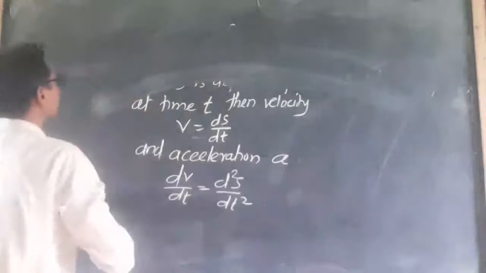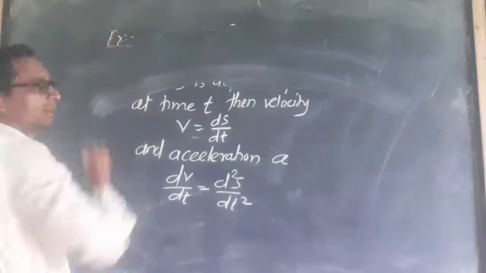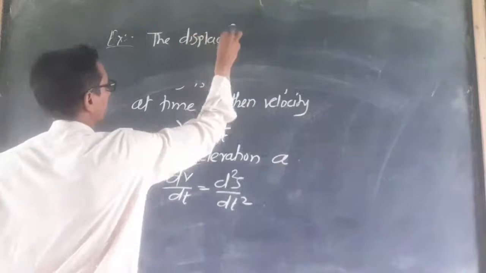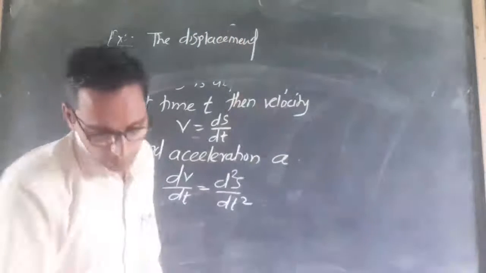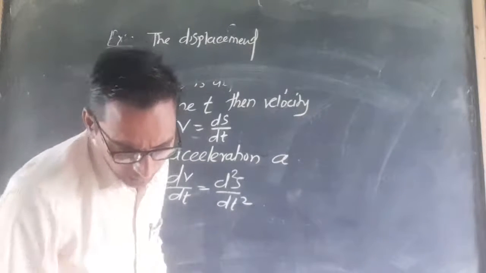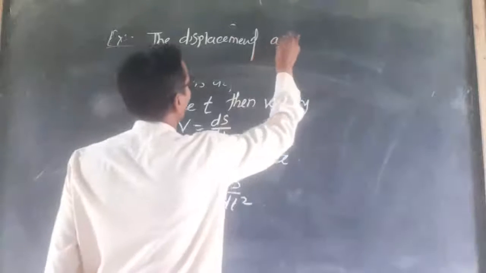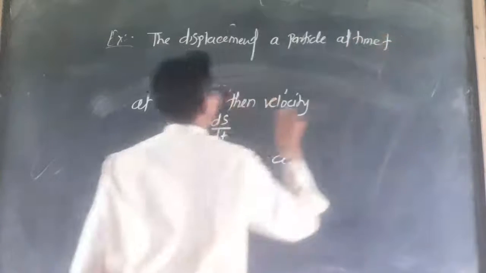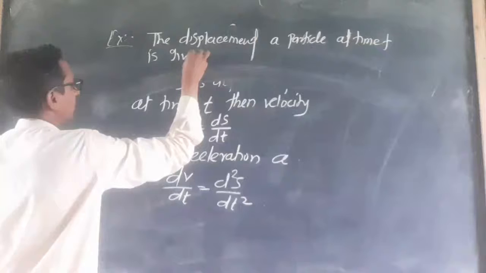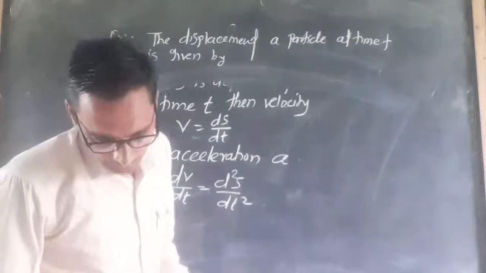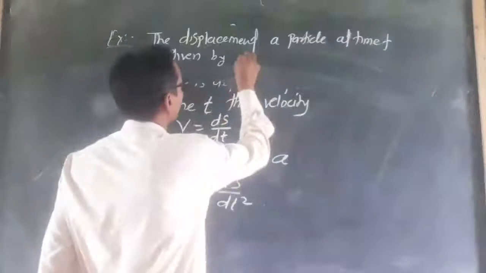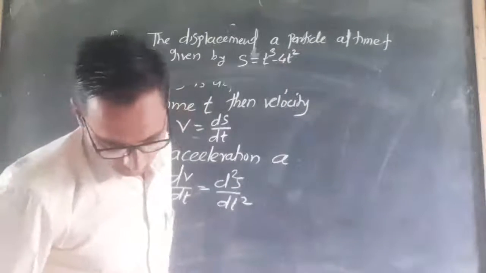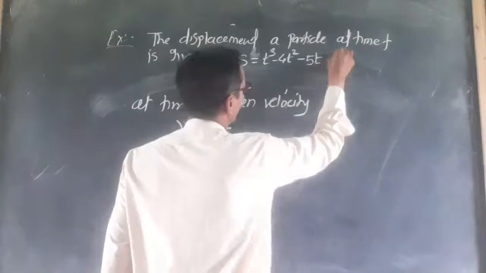First example, the displacement of a particle at time t is given by s is equal to t cube minus 4t square minus 5t.